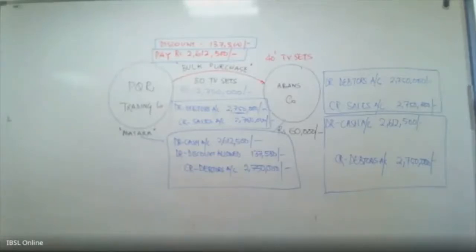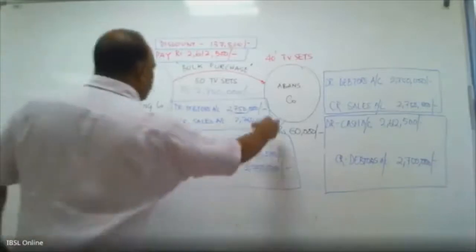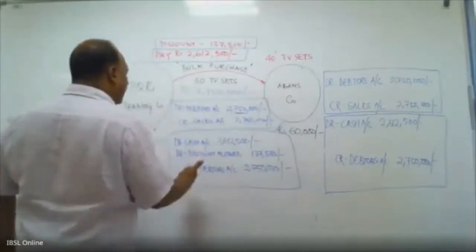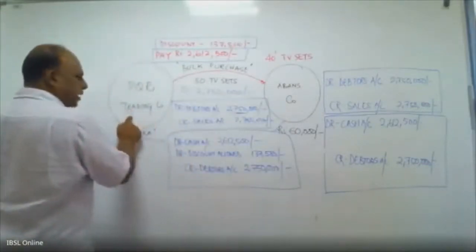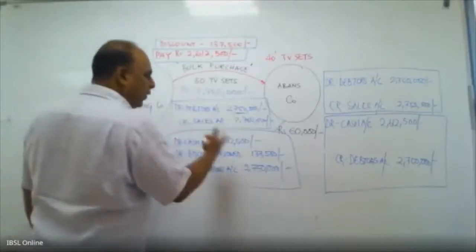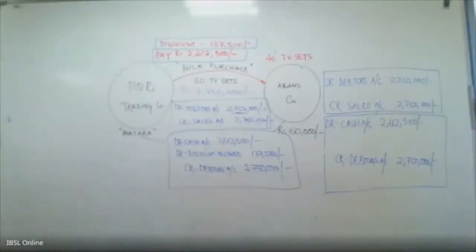Because Aban's company offered this discount to make PQR Trading Company pay quickly. They wanted them to pay immediately, or maybe quickly, without waiting for the 45 days. So in businesses, this is a regular transaction that happens.